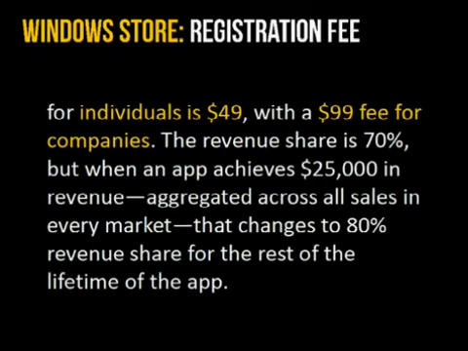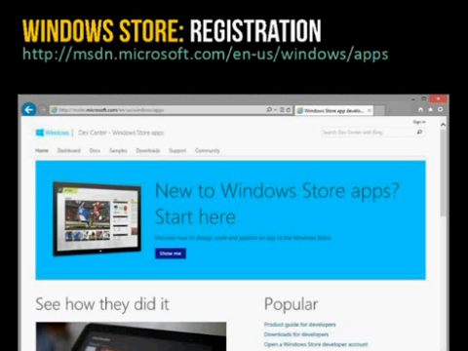So this is the URL for registering. Once you register, you'll get set up with a portal, and in the portal you're able to track all the stats and look at the apps that you've published. Also, you'll have to go through an approval process.